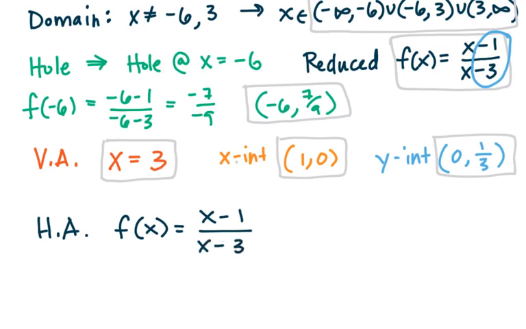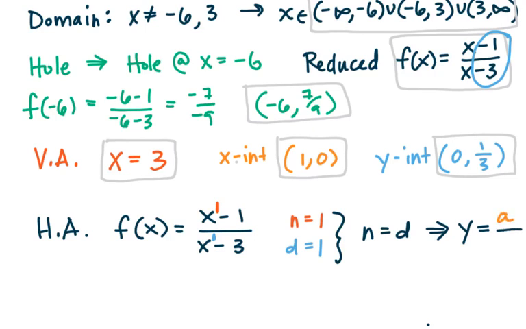So what we do is we look at the degree of the numerator. There's a little invisible 1, so the degree of my numerator is 1, and the degree of my denominator is 1. And since n is equal to d, then my horizontal asymptote is going to be y equals a over b.